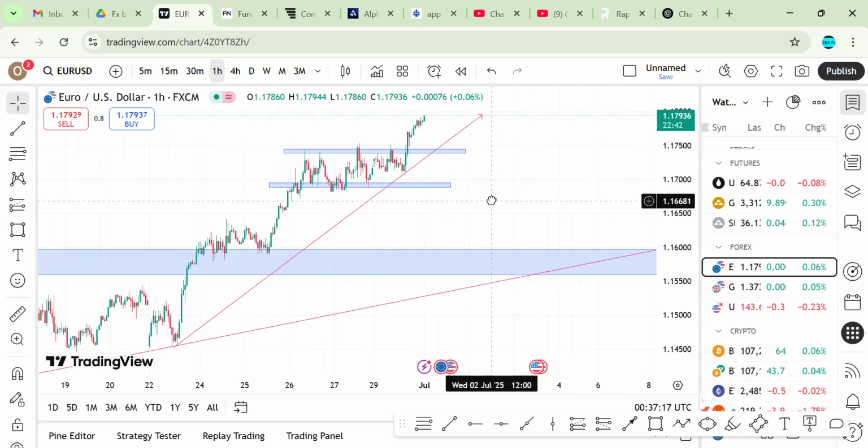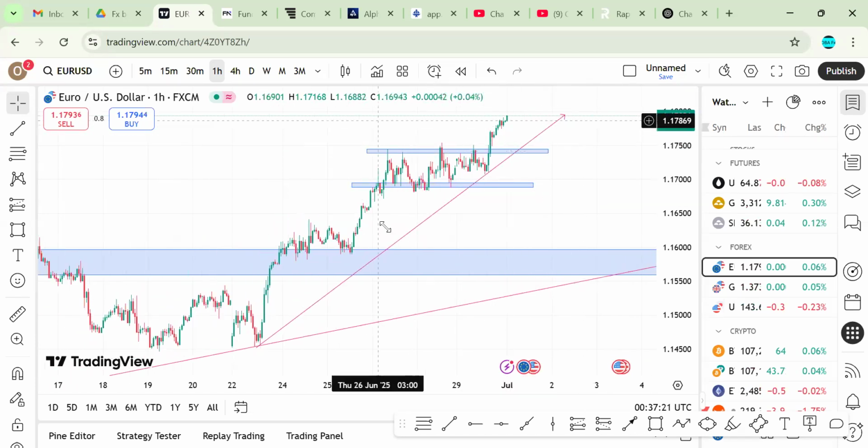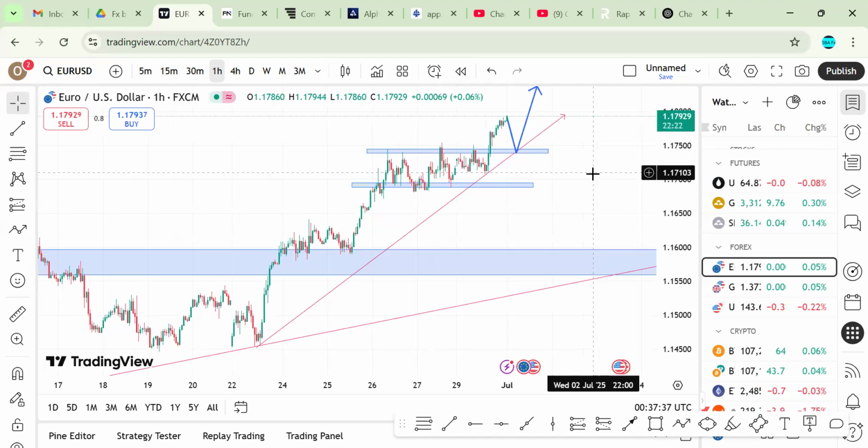So what you'll be looking out for on Euro USD, if this is how you trade, would be for price to come back to this trend line or back into the zone to retest this resistance that has now turned support, and then you look for your buy trades.